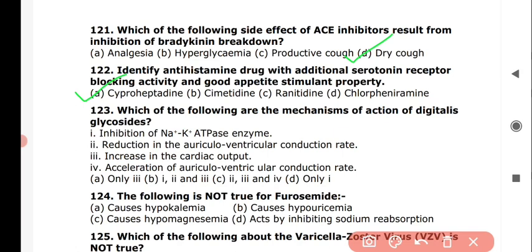Next question is, which of the following are the mechanisms of action of digitalis glycoside? And the correct answer is option B, that is 1, 2 and 3, that is inhibition of sodium potassium ATPase enzyme, reduction in the atrioventricular conduction rate, and increase in cardiac output.